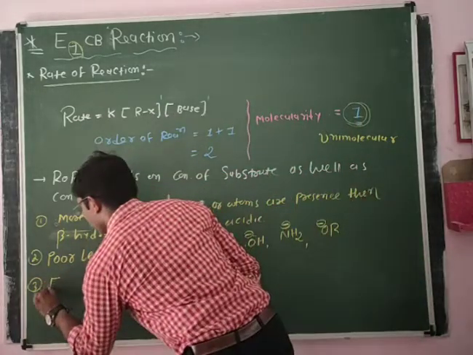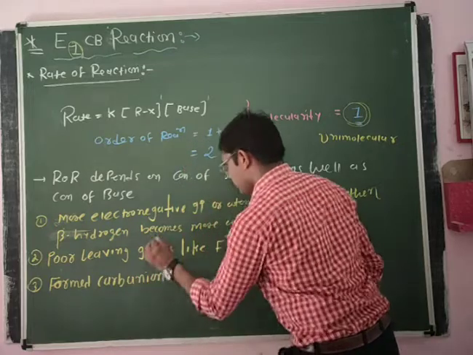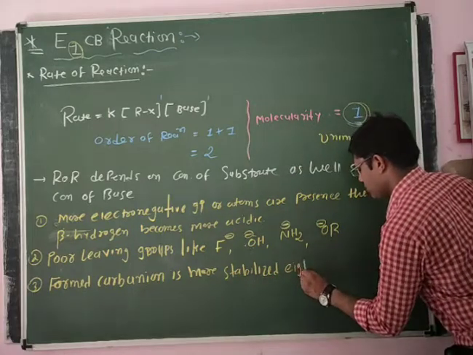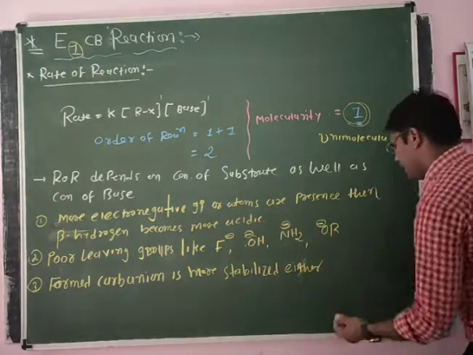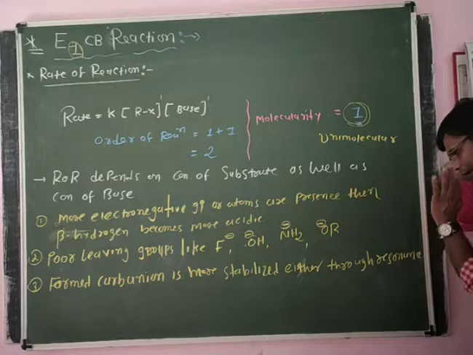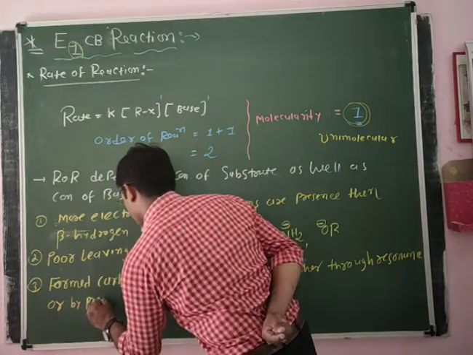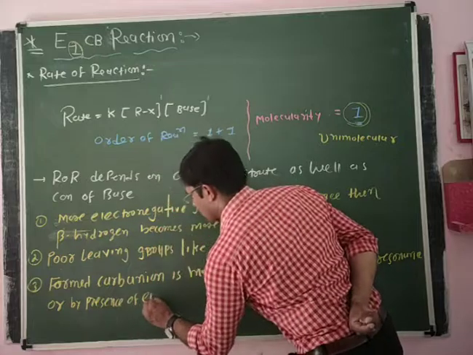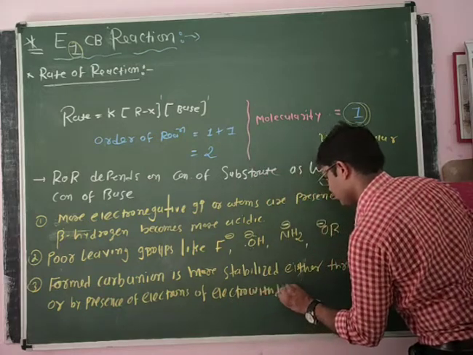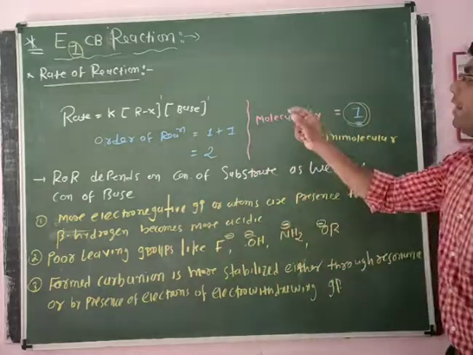So we can say the formed carbanion is more stabilized either through resonance, we will discuss it later, or by the presence of electron-withdrawing groups. So there are three important points regarding this E1cB reaction.